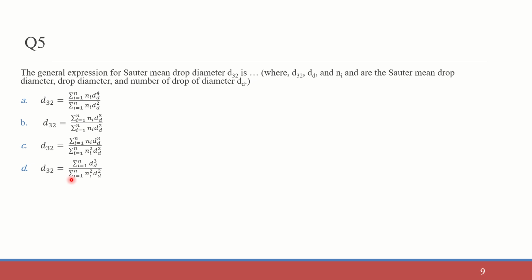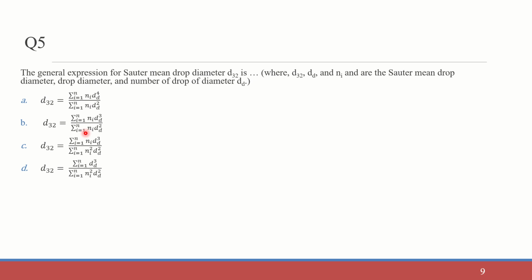The answer is actually option B, that is D32 is equal to summation of i equal to 1 to n Ni dd cube in the numerator divided by summation of i equal to 1 to n Ni dd square. So cube in the numerator, square in the denominator. So option B is the right answer.